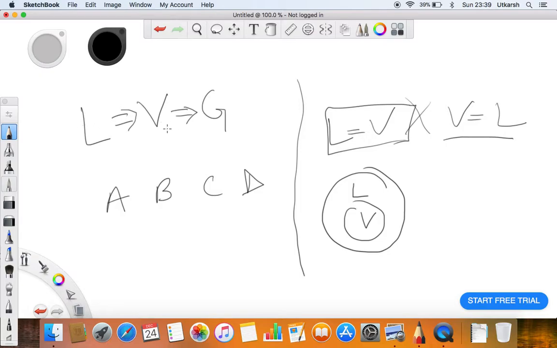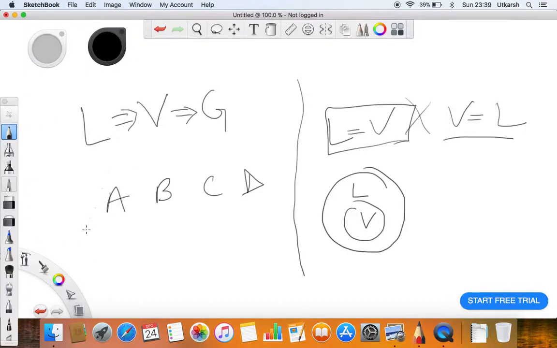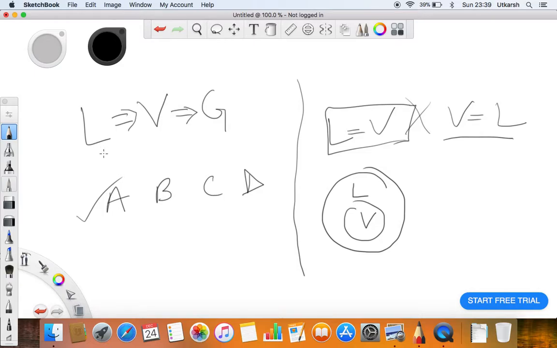All lunches have vegetables, all vegetables have gravy. So this is flowing in the right direction, so A is correct. So all lunches have vegetables, all vegetables have gravy, so all lunches have gravy.